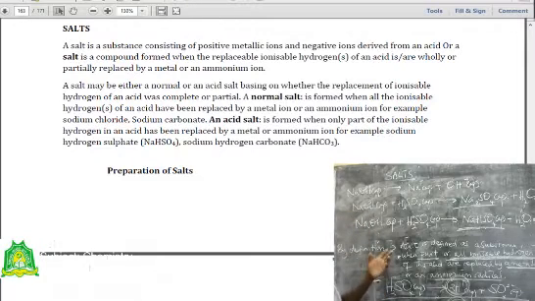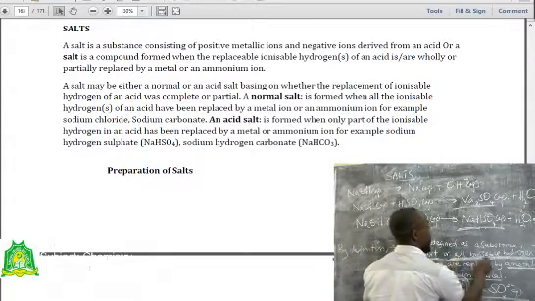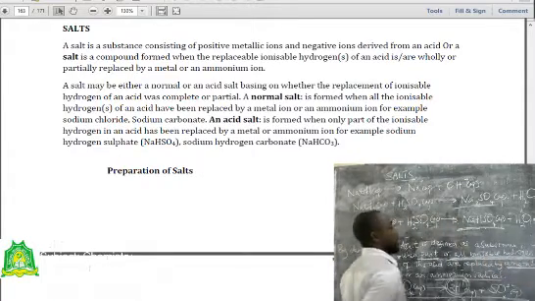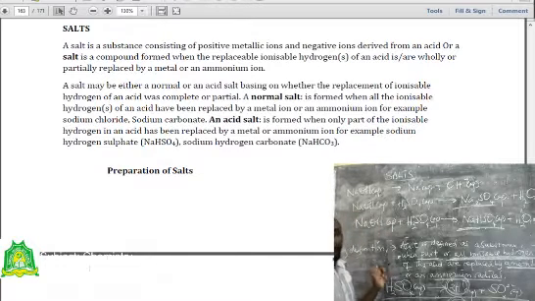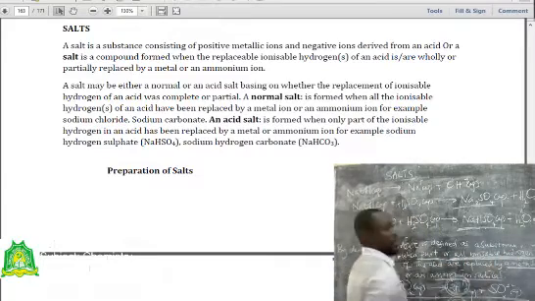So that's where we get our definition of a salt: a substance formed when part or all the ionizable hydrogen ions of the acid are replaced by a metallic ion or an ammonium radical. And this will bring us to the types of salts we have.